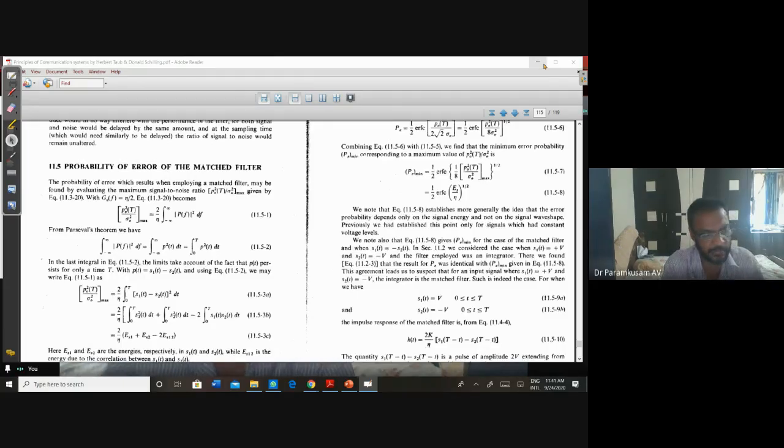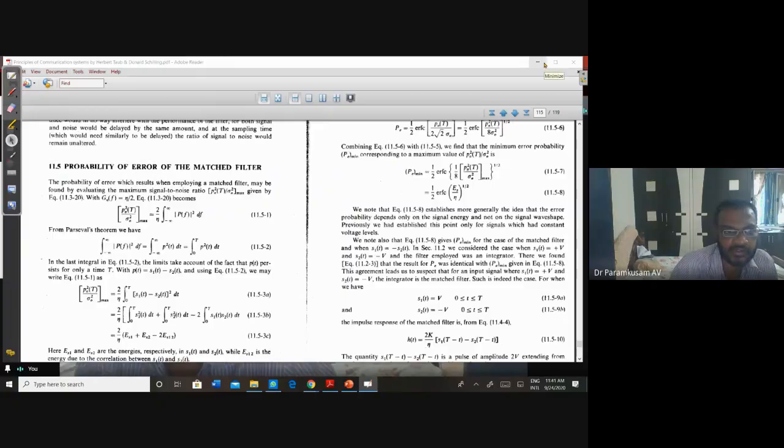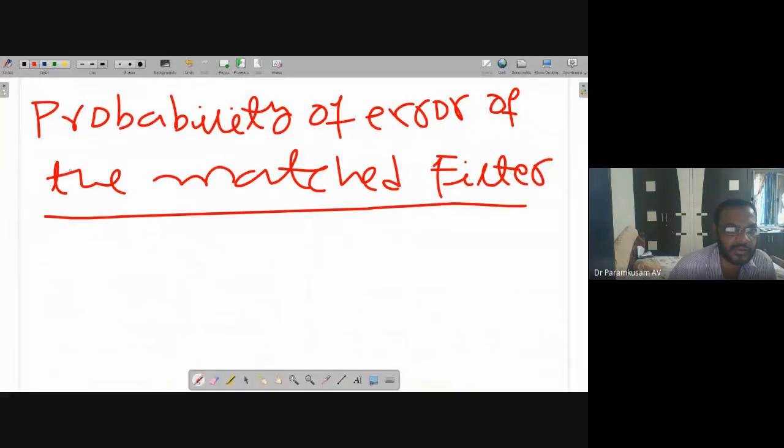You know that the probability of error of the matched filter can be found by evaluating the maximum signal to noise ratio.